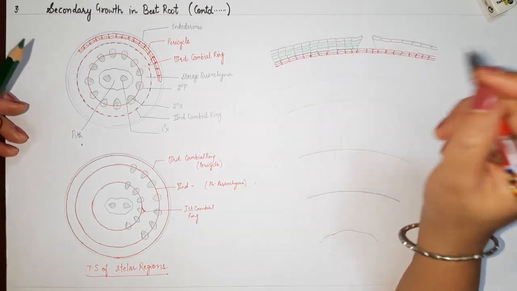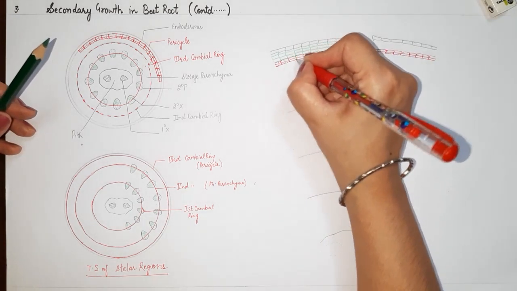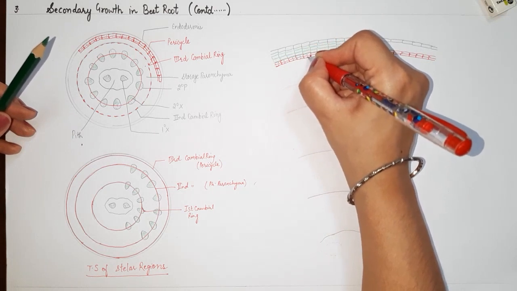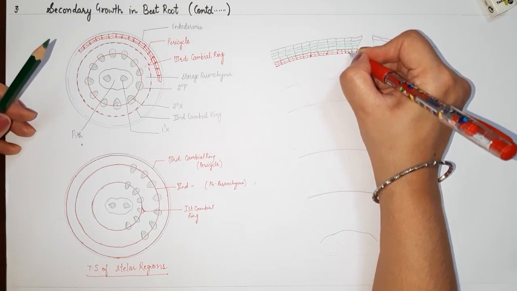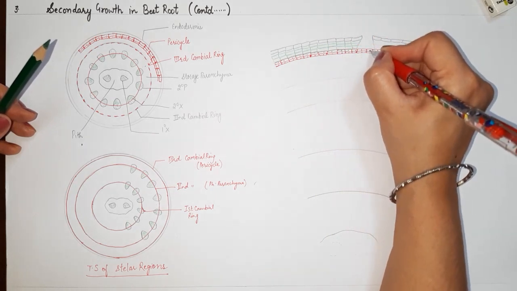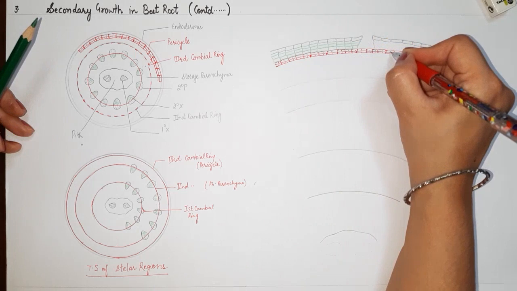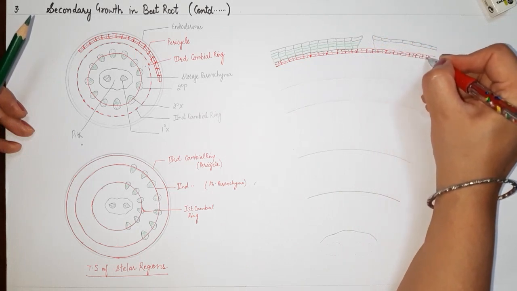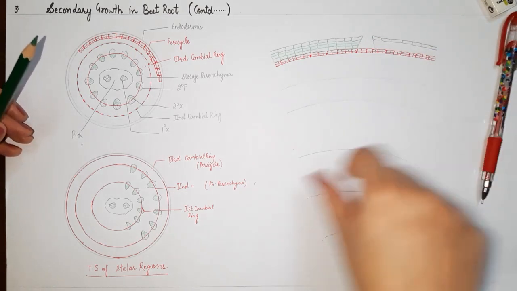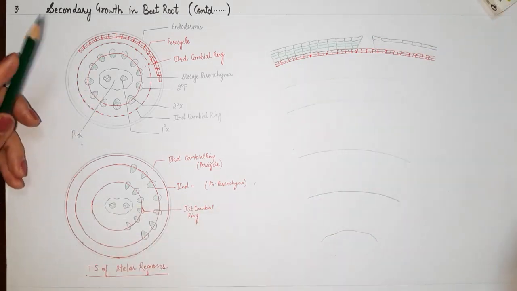Okay, now inner to this, for differentiation, nuclei can be drawn. Okay, inner to this, first make lenticels.